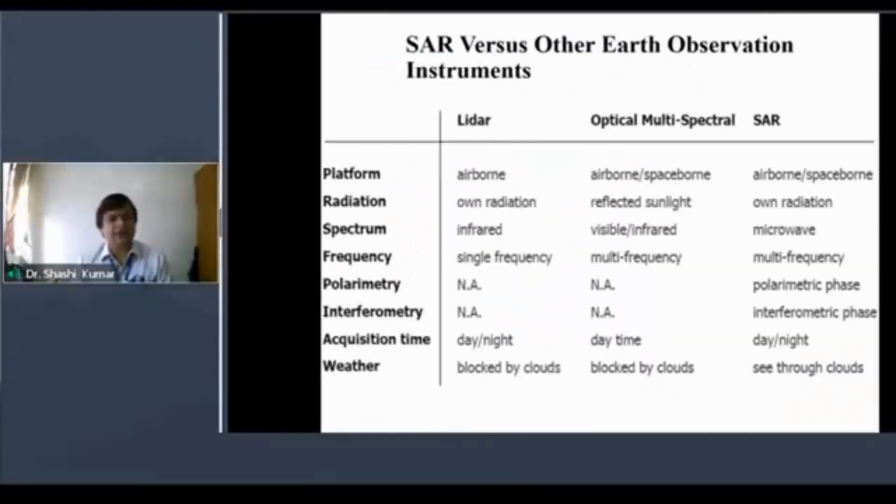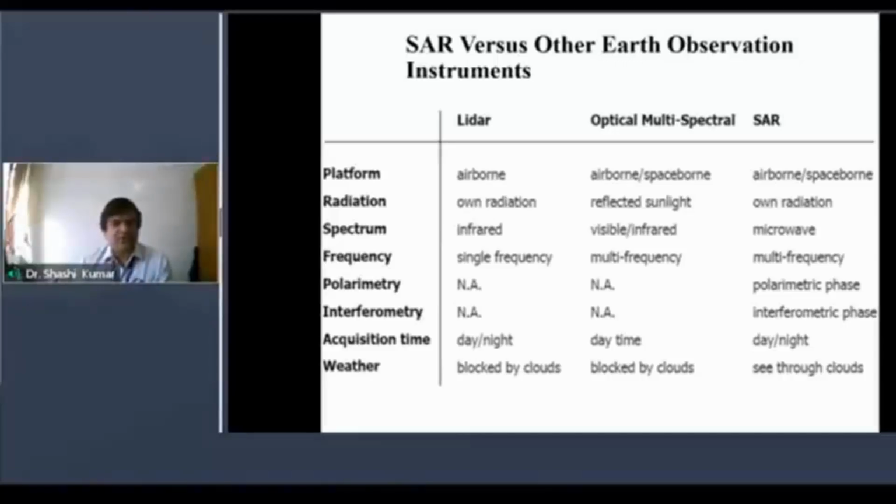Here, one can again see that there are two techniques, polarimetry and interferometry. This is due to the longer wavelength ranges: in the microwave range, the wavelength range is 1 millimeter to 100 centimeter. In the visible and infrared range, the wavelength is in micrometers, which is very, very small, so there will be large hindrance due to atmospheric dust particles.